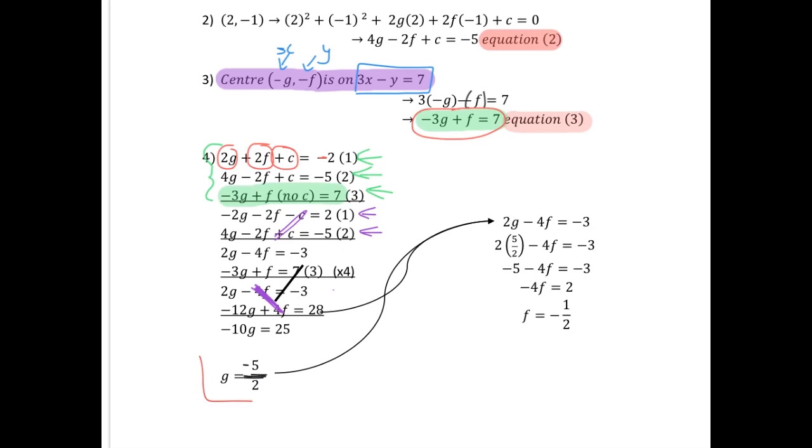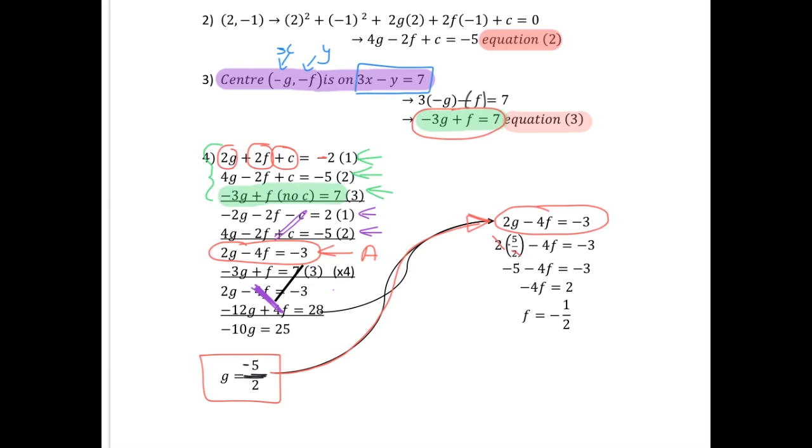So now we found out what our value for g is. We can take one of our equations, say what we called equation A: 2g - 4f = -3. I've rewritten that here, but now I'm going to substitute in my value for g as -5/2. -5/2 times 2, well, the 2's cancel, leaving us with -5.